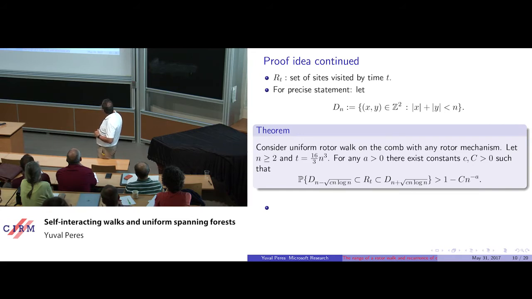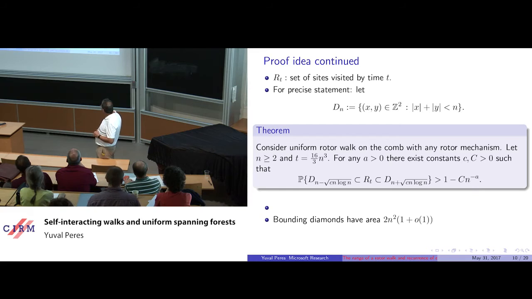after you have the rotor walk, the range after t particles is going to be essentially a diamond of size n. The relation between t and n is this one: t is some constant times n cubed.